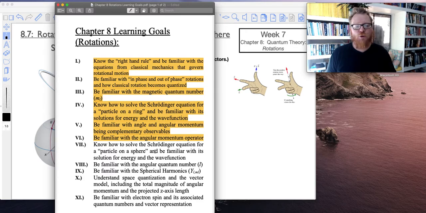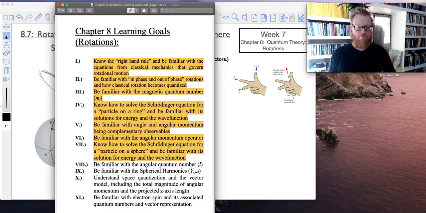So know how to solve the Schrodinger equation for a particle on a sphere and be familiar with its solution for energy and the wave function. I really should have said be familiar with solving the Schrodinger equation, because we got about halfway through it and then just cut it off because it's more complicated than is worth our time in this class.